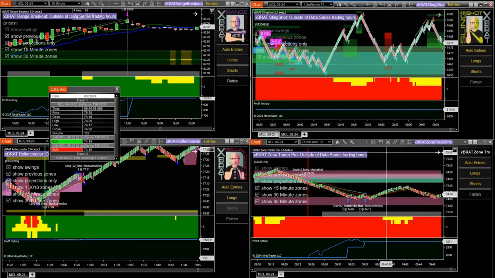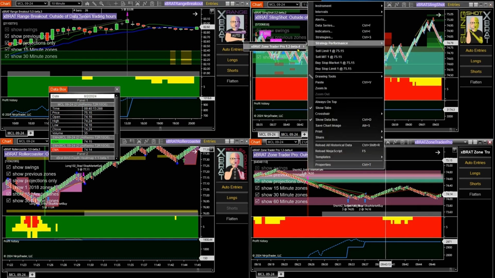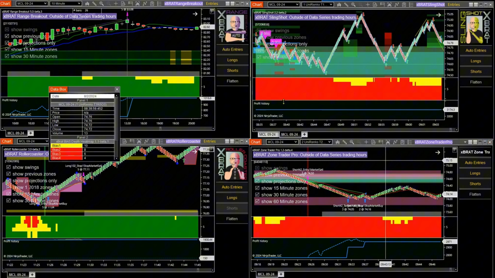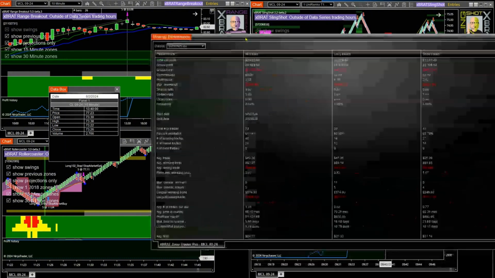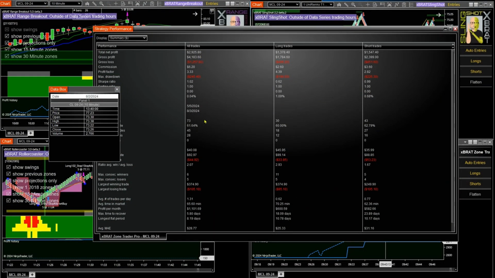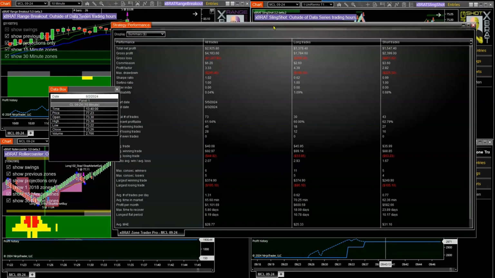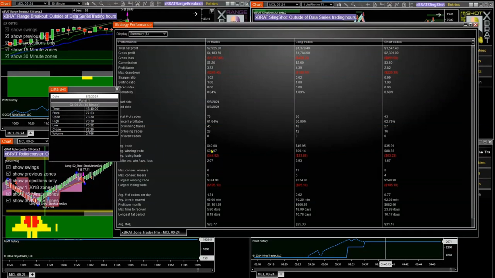We go down to the Zone Trader Pro. We look at this. Don't worry, I'm going to add all those different ones up for this particular instrument for the 90 days in a little while. So this one, $2,925, only 73 trades, 61% win rate, but we look at the average winning trade is $92, the average losing trade of $44.